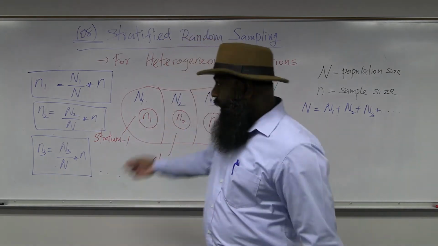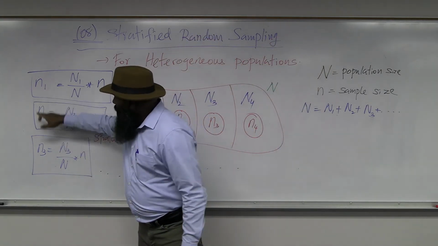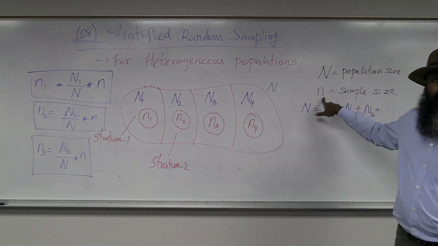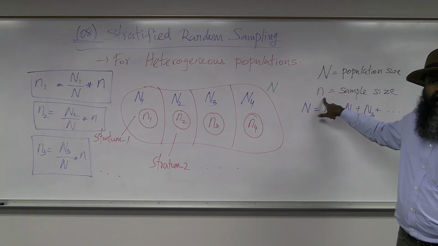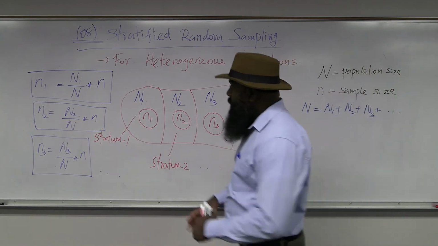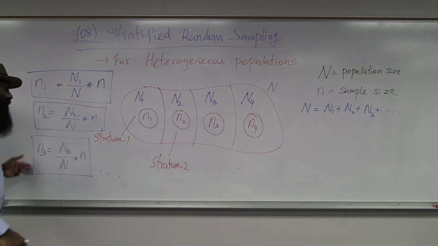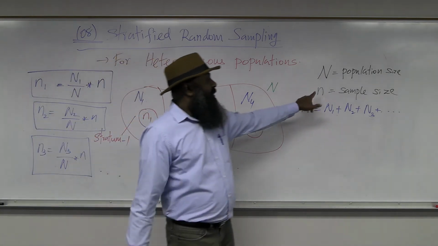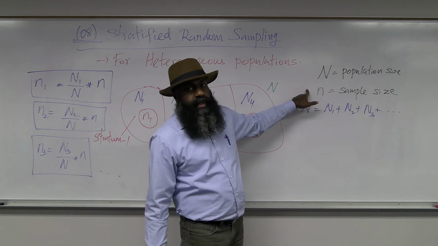Okay? And what's the connection between n1, n2, n3, and so on, and the lowercase n? Under ideal situations, the summation of n1, n2, n3, n4, the lower cases, they should be equal to this sample size.